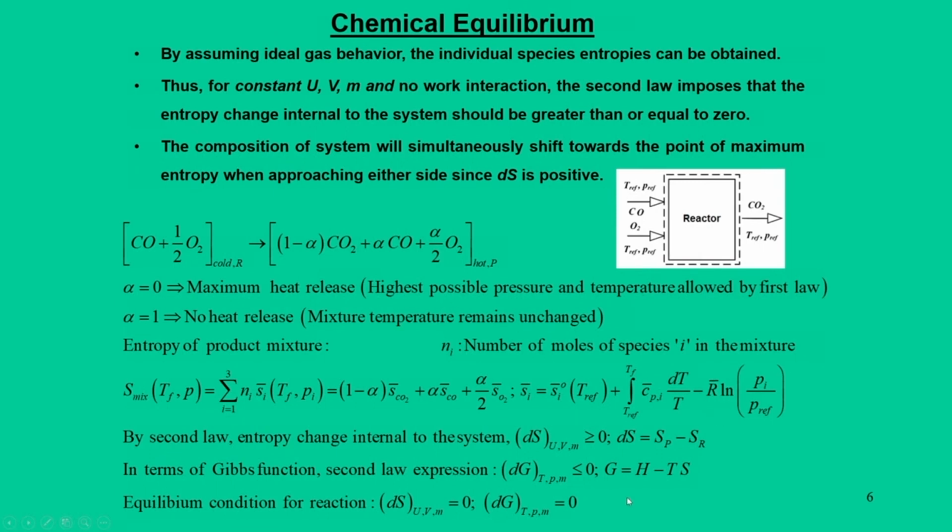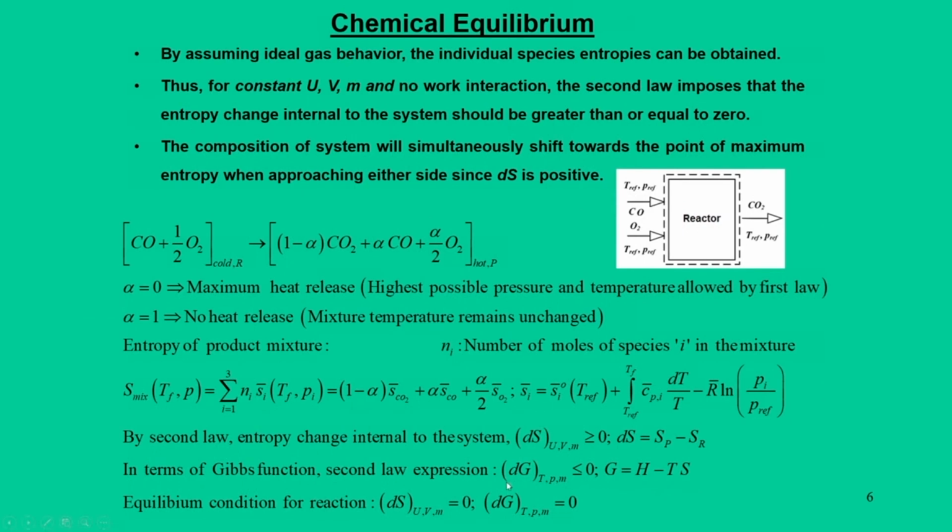And since the Gibbs function has a link with enthalpy, temperature and entropy, this gives reverse expressions, so one can also find the Gibbs function from the second law expressions, and this tells us that the Gibbs function at a given temperature, pressure and mass system is always less than or equal to 0.